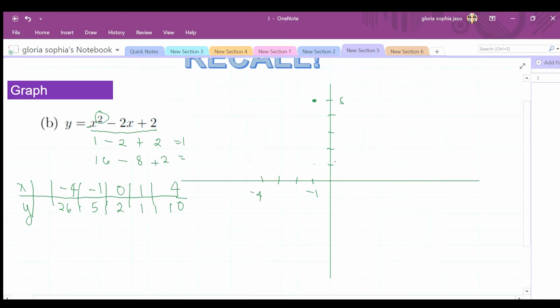Tapos, yung 0 at saka 2. So, 0, 2. Tapos, yung 1, 1. Okay. Tapos, yung 4, 10.